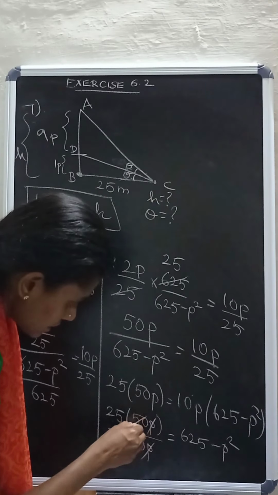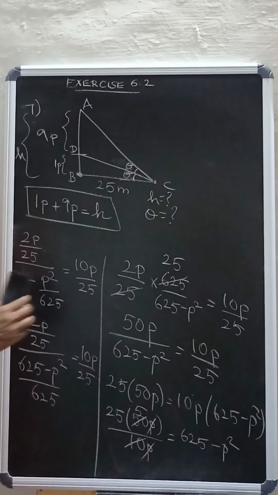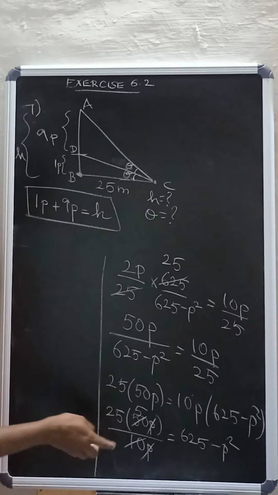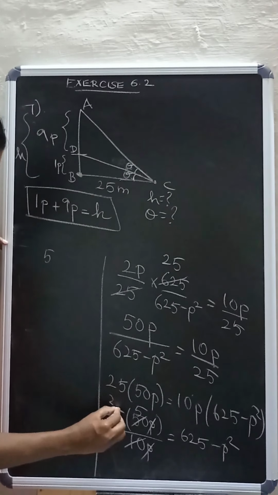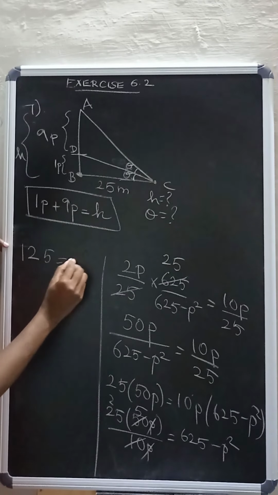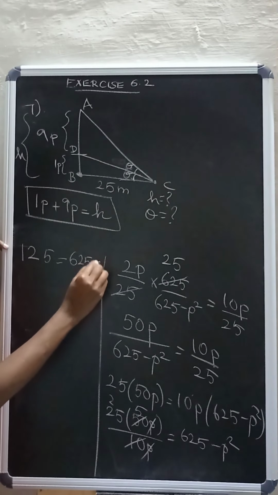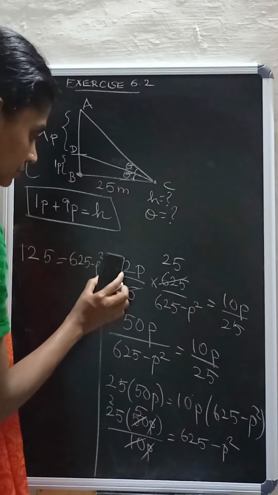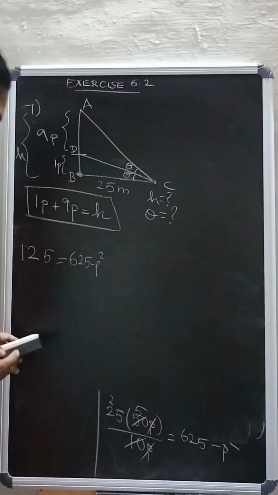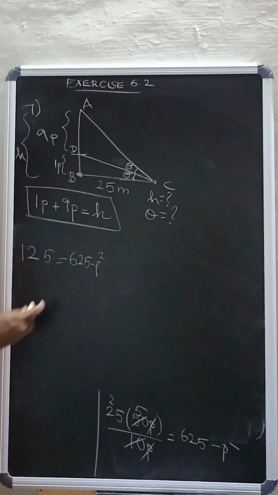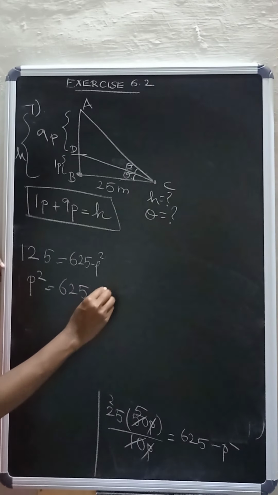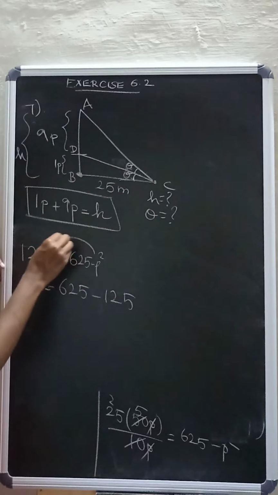P and p get cancelled. 10 5s are 50. So 5 5s are 25. 125 is equal to 625 minus p square. P square is equal to 625 minus 125.